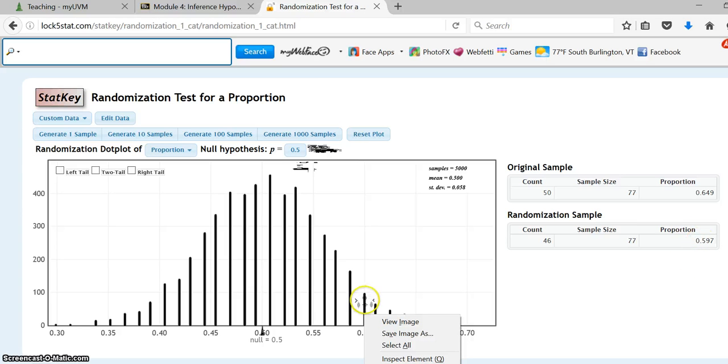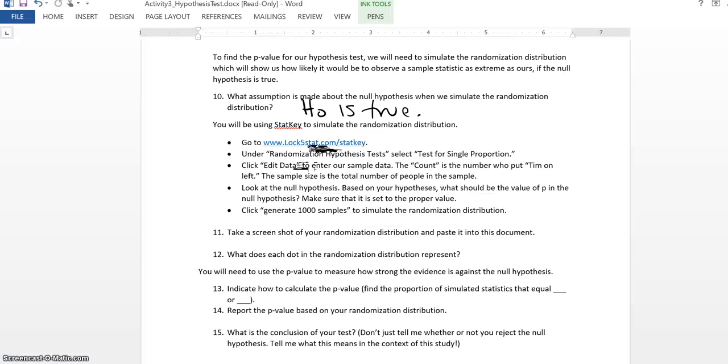And here's another one, click on this dot, that's a sample with a proportion of 0.519, and look, it was here at 0.519. So what each dot in this distribution is representing is the sample proportion calculated from one sample of 77 people, assuming that each person has a 50% chance of putting the name Tim on the guy on the left.